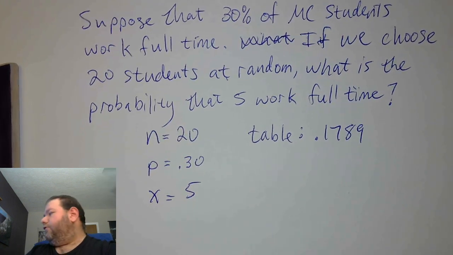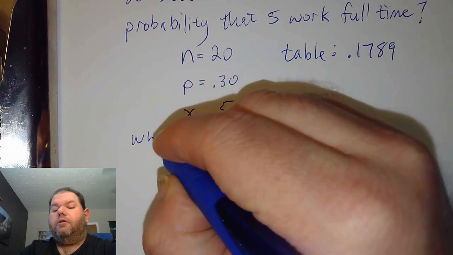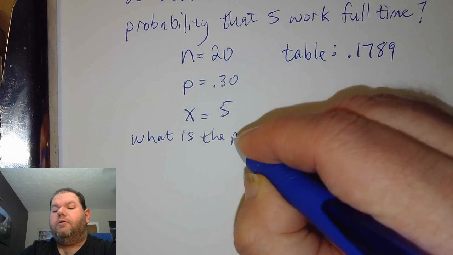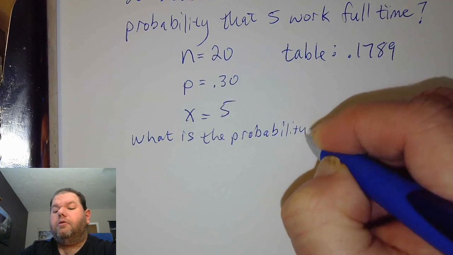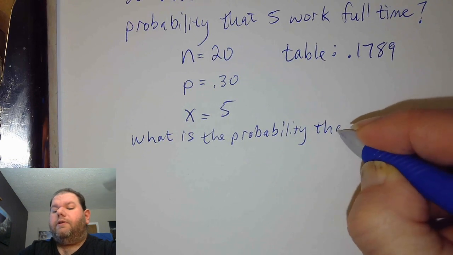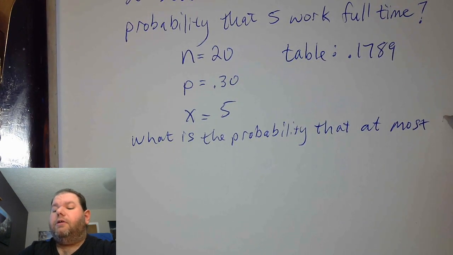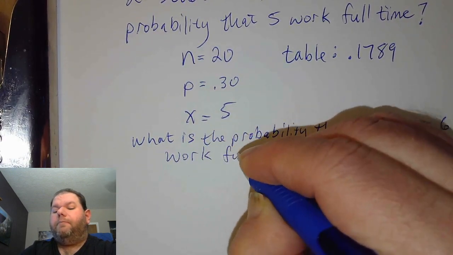So next question. What is the probability that at most 6 work full time?